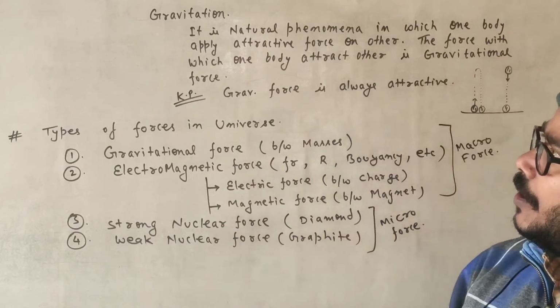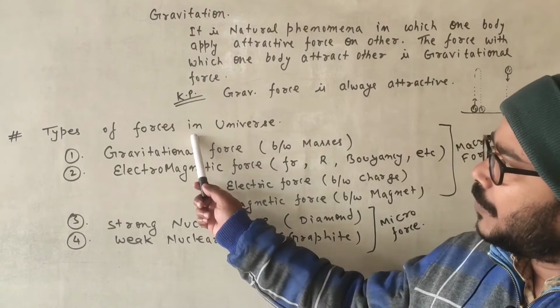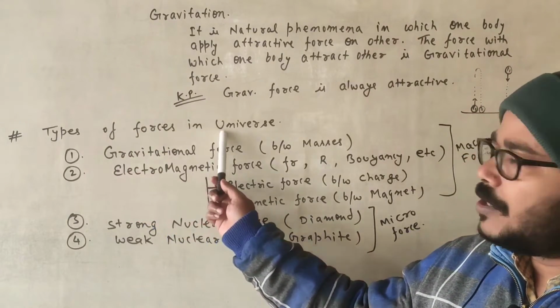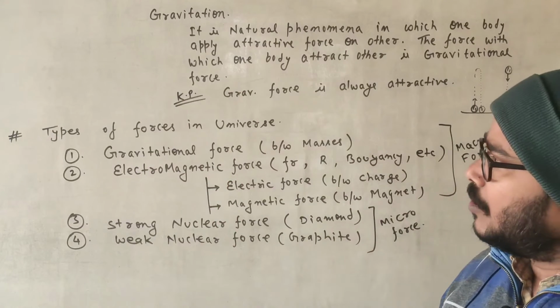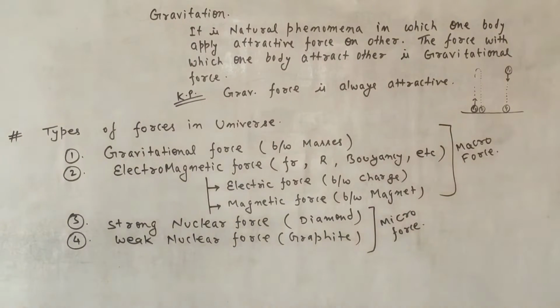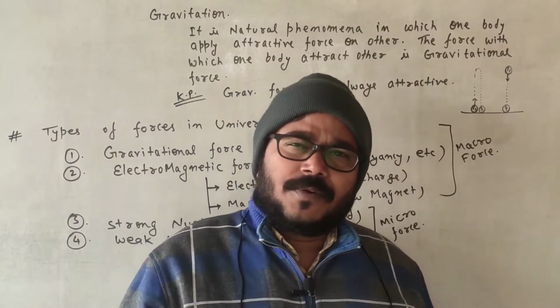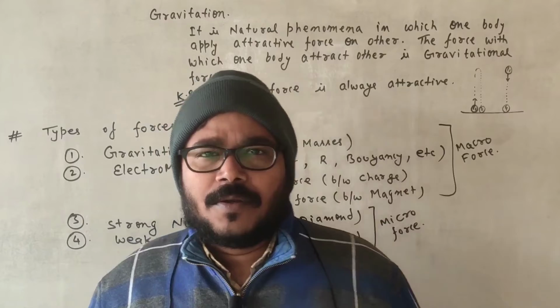Before going into deep discussion of gravitation, I want to discuss the types of forces in the universe. What are the different types of forces in the universe? There are only 4 types of forces in the universe. This is very interesting, that there are only 4 types, not more than 4.